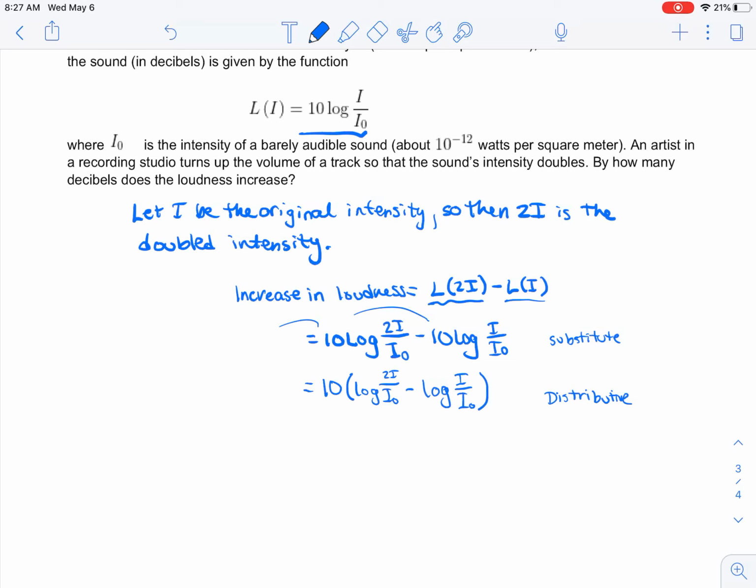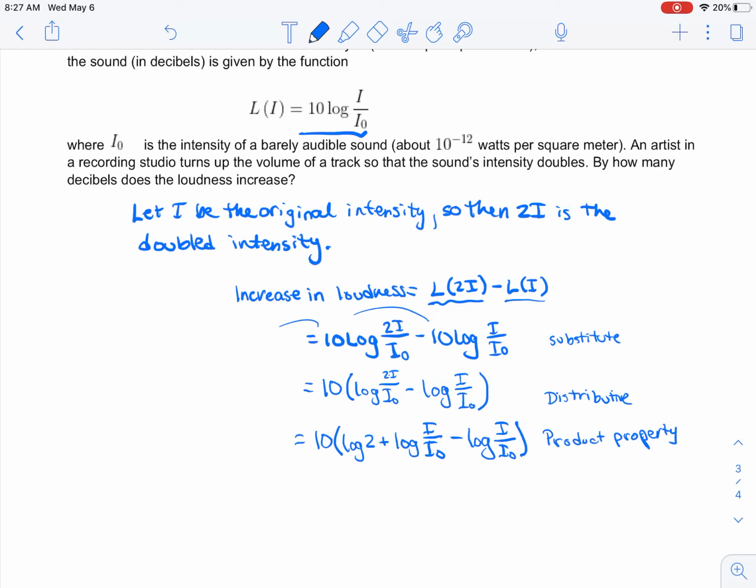So then I can use the product property. And the reason I can use the product property is this 2 times I up there. So I could write this as 10 times log of 2 plus log of I over I naught minus log of I over I naught.